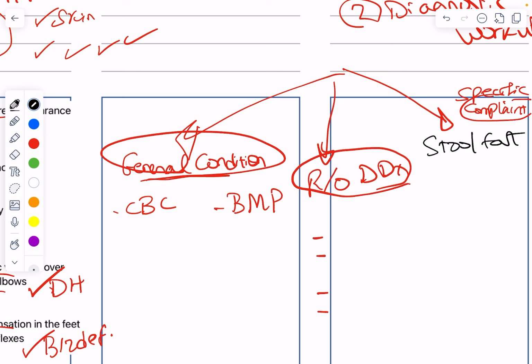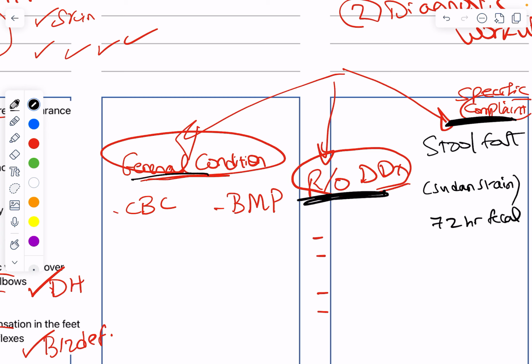Could be qualitative, which is Sudan stain, or quantitative, which is 72-hour fecal quantitative fat test, something like that. Okay? So something specific to the complaint, something for the differentials, and something for the general condition. Okay?